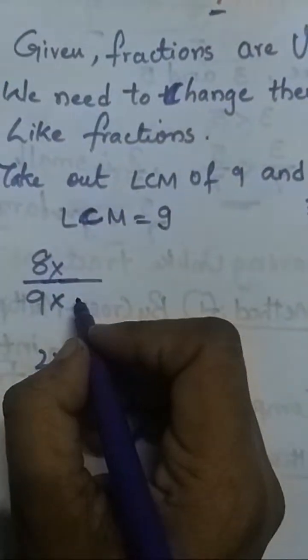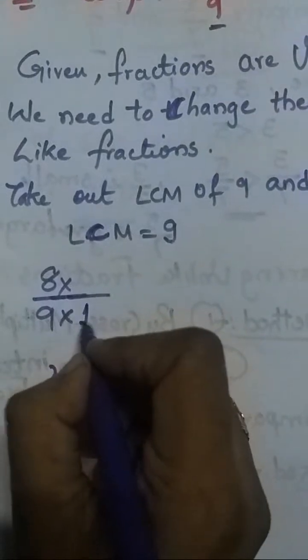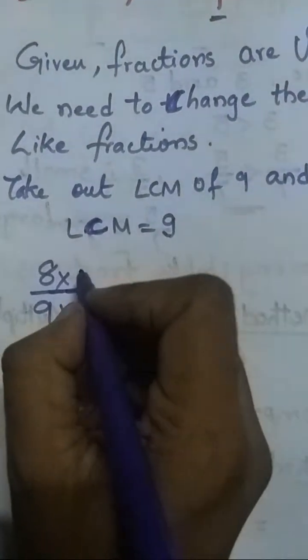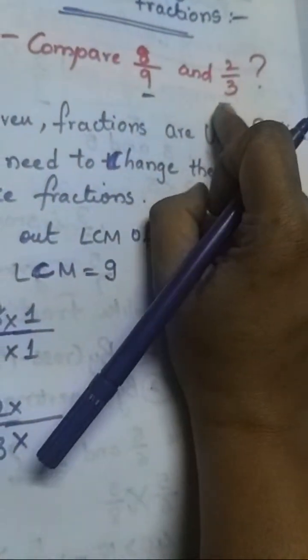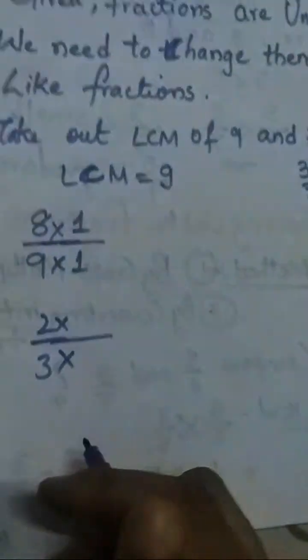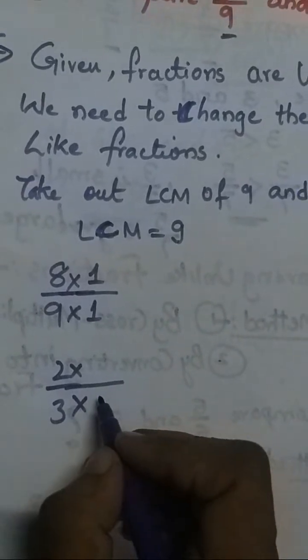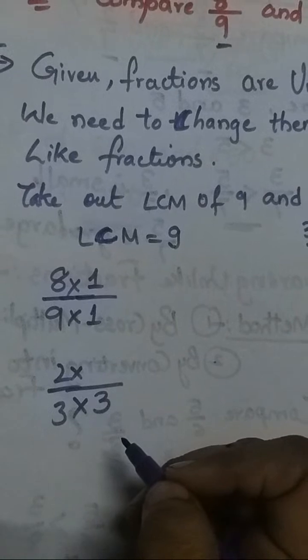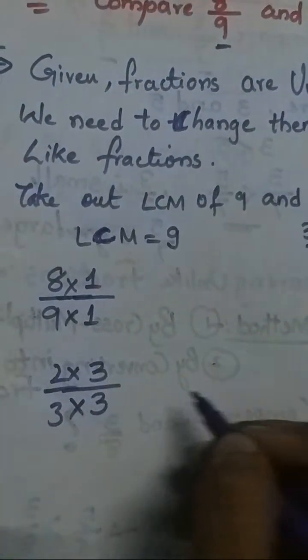So we have to change the denominator into 9. 9 ones are 9, so multiply the numerator by 1. Again, this fraction is 2 by 3. We have to change the denominator into 9: 3 into 3 we will get 9, the LCM. So the same number we have to multiply in the numerator.